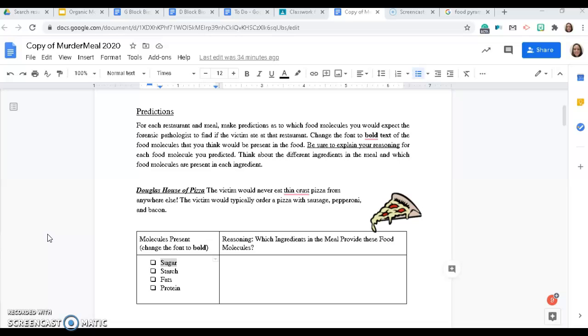The first thing you're going to do is, for each restaurant and meal, make predictions as to which food molecules you would expect the forensic pathologist to find if the victim ate at that restaurant. You're going to think about the different ingredients that are in the meal, and remember the victim only ate one thing from each of these restaurants.